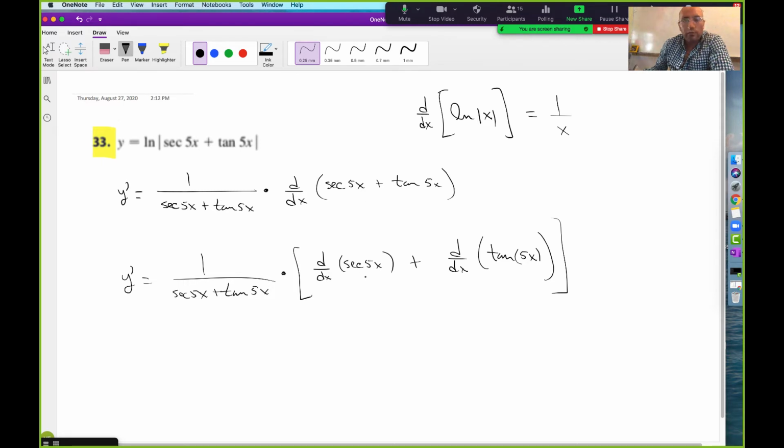Now if this was just a single letter here, secant of the independent variable, and then it matched with this derivative, then it would be a straightforward application of our derivative for it. Which number is this?